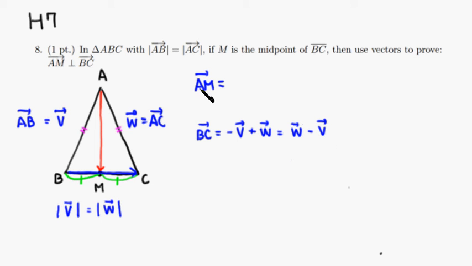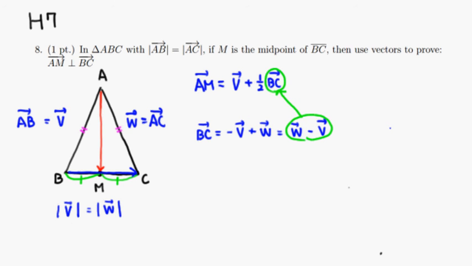So AM is going to be, you can go forward on V, so I'm going to have V here. Then you can go halfway on vector BC. But the vector BC is the same thing as this vector, so you can plug this in here.